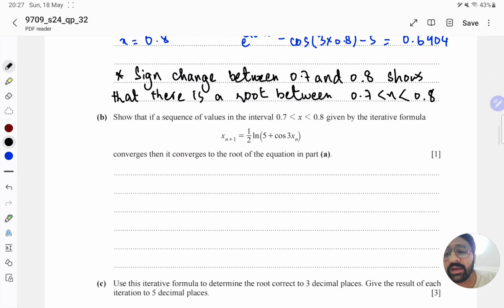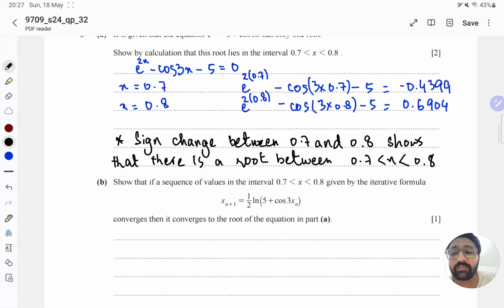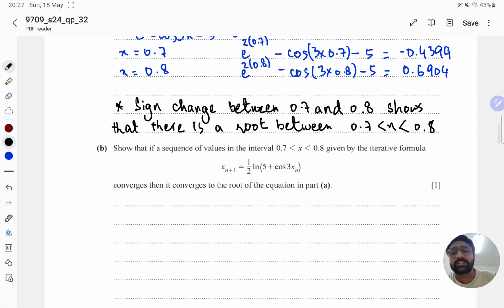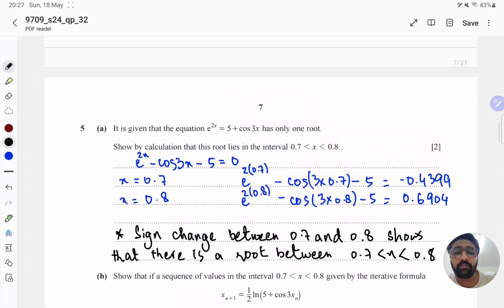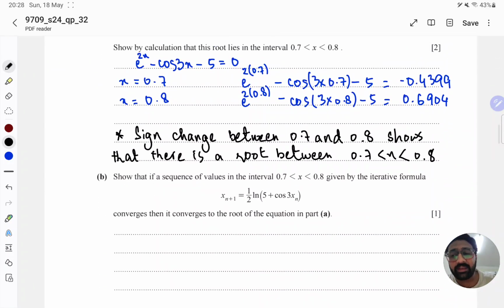Let's move to the next part, part B, question number 5, part B. It says that show that if a sequence of values in the interval 0.7 to 0.8 given by the iterative formula converges, then it converges to the root of the equation in part A. So basically this is the equation that we have, this is the iterative formula that we have.